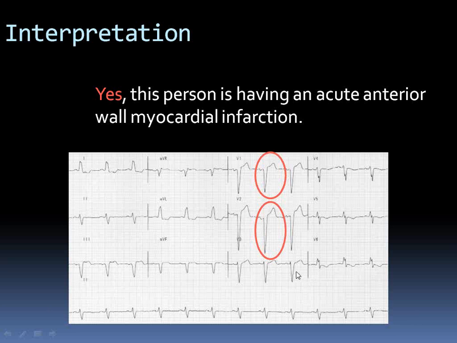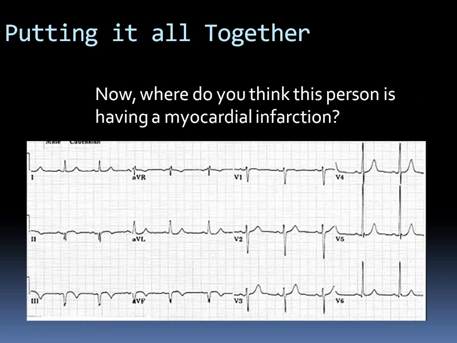Now, this is a little bit of a tricky EKG, so I'm just going to go over it myself. There are two types of myocardial infarctions that can sometimes be very subtle. One of them is an inferior myocardial infarction, and as we all know from our previous ECG lectures, the inferior leads are leads 2, 3, and AVF.